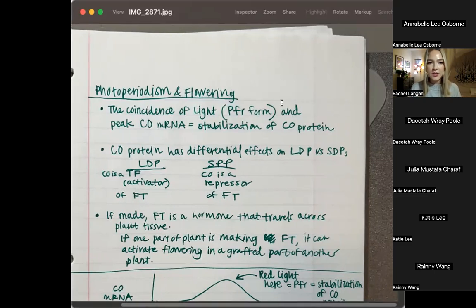The coincidence of those two things happening equals stabilization of the CO protein. So you need both light and phytochrome in the PFR form, and you need a peak in the CO mRNA. If both of those two things happen, you get the CO protein sticking around.